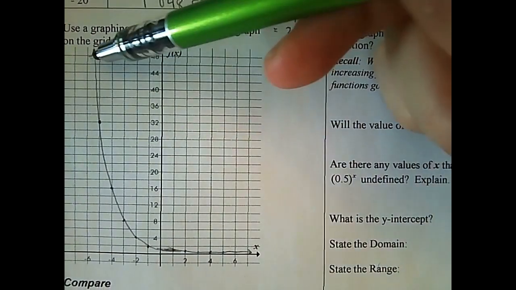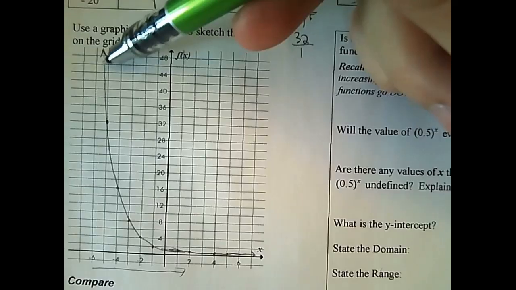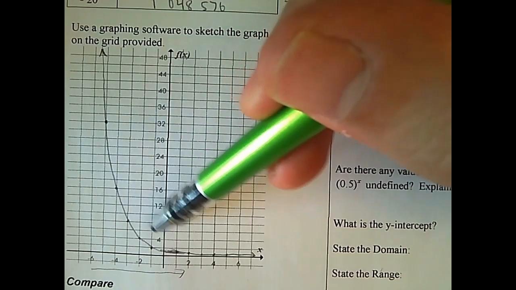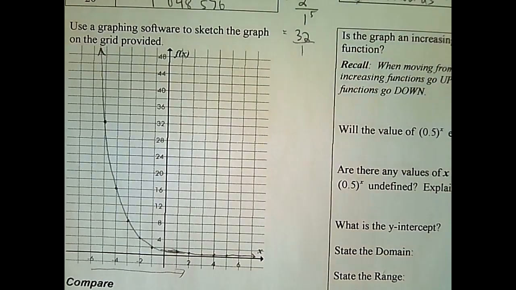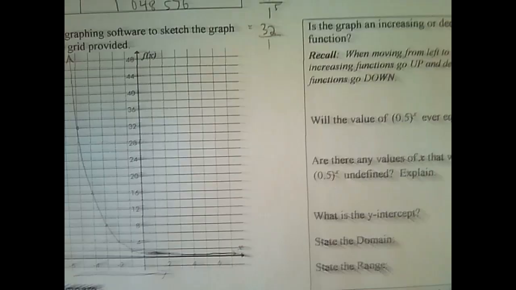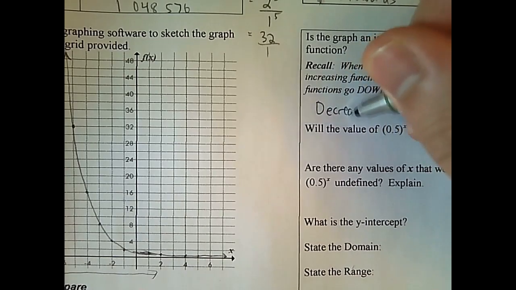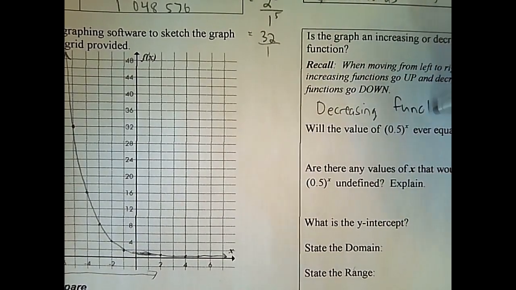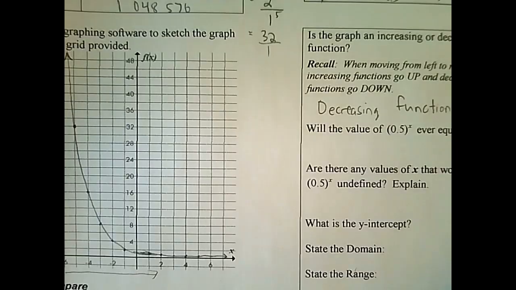This is a decreasing function, meaning as I go from left to right here, my y values are decreasing. They're getting smaller and smaller, and they're going to keep getting smaller until they get to, but never reaching, 0. So this is a decreasing function.